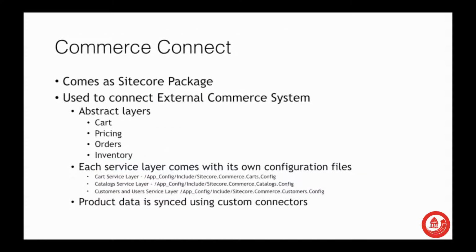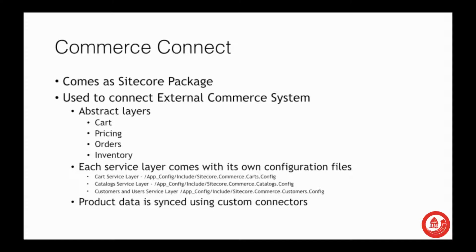First we are going to talk about Commerce Connect, and then we'll go into a little bit of discussion about the Commerce Engine. Commerce Connect is basically a Sitecore package that you can download and install. It ships with the necessary DLLs and the configuration files. It is used to connect to an external commerce system.